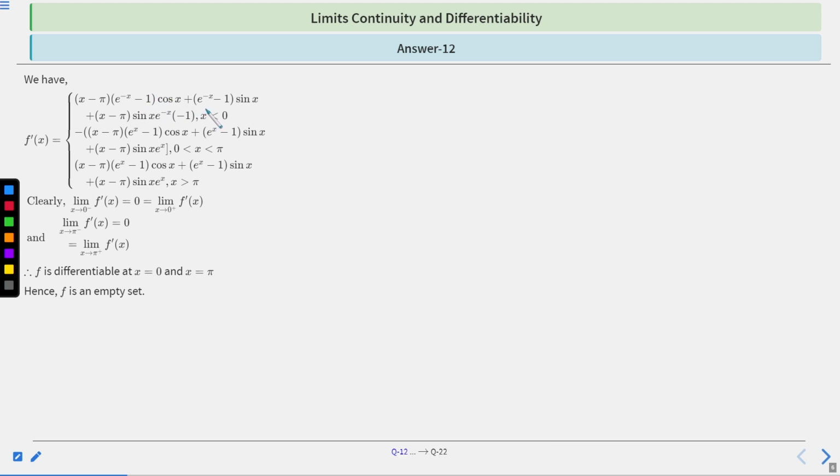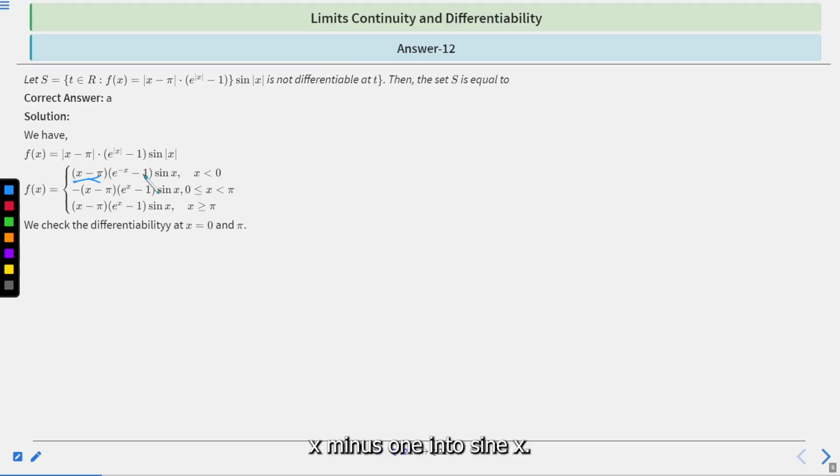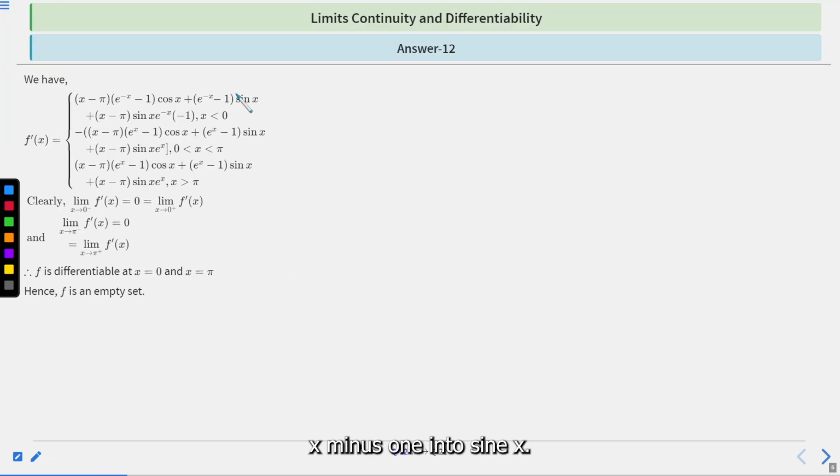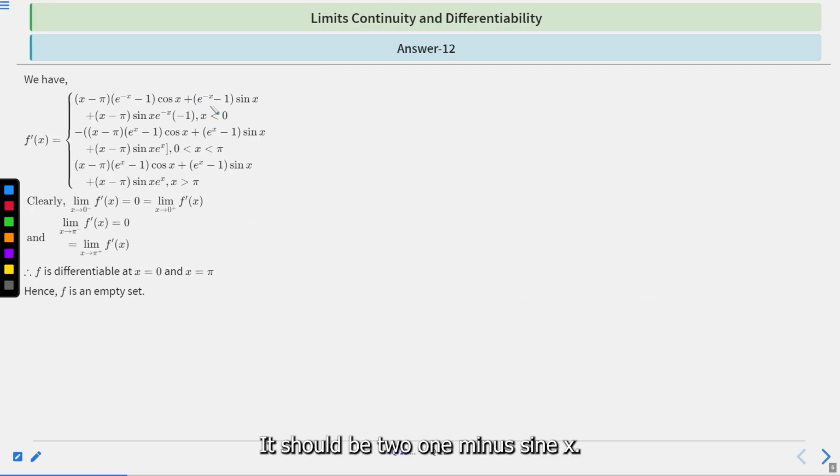Then the differentiation of x minus π is basically 1, into e^(−x−1) sin x, plus (x − π) sin x times the derivative of e^(−x−1), which is minus 1 into e^(−x−1), when x is less than 0.